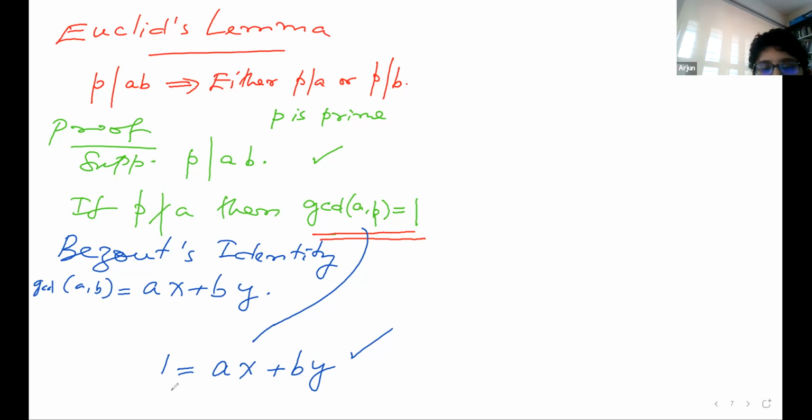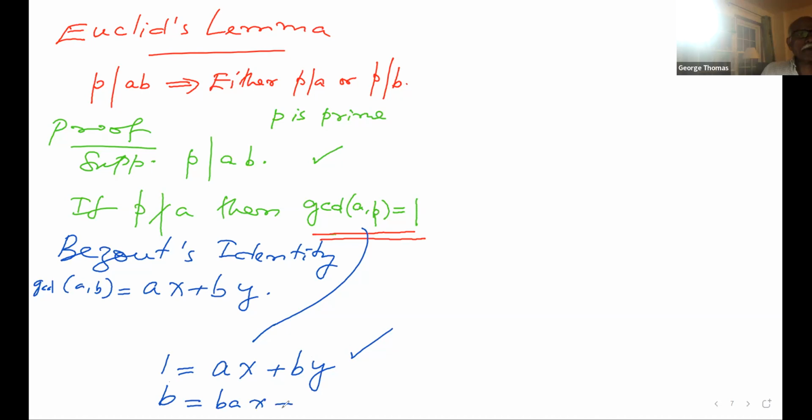Yes, sir. Multiply both sides by B. You get BAX plus B squared Y, right? But why am I getting a P squared? Let me check something here.